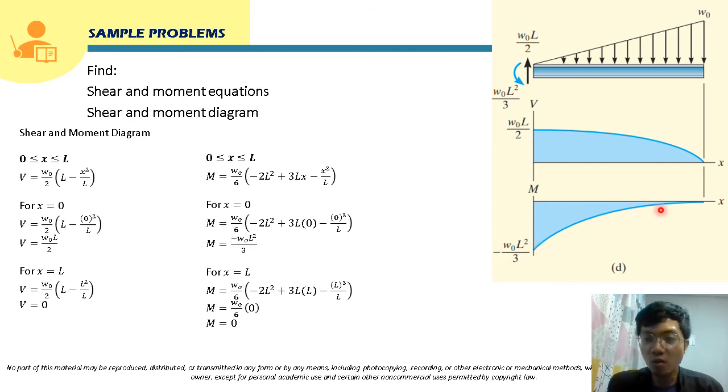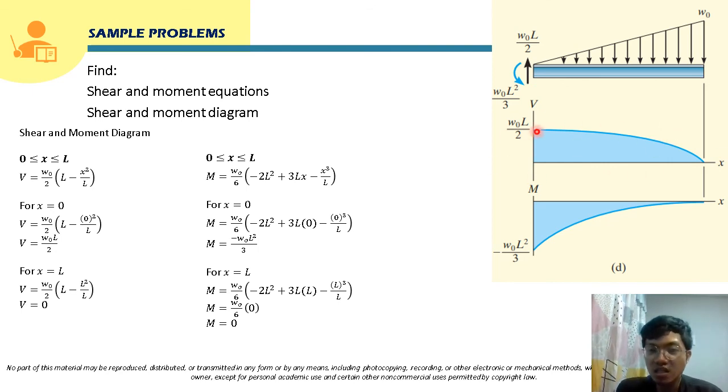Now, class, for the moment at x is equal to L, at this point, the moment is 0. So it will be plotted here, right at the x-axis. Class, we are going to connect these 2 points, this point and this point. The way that we do this, class, depends on the shear.